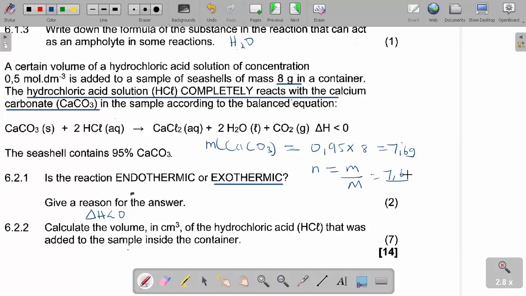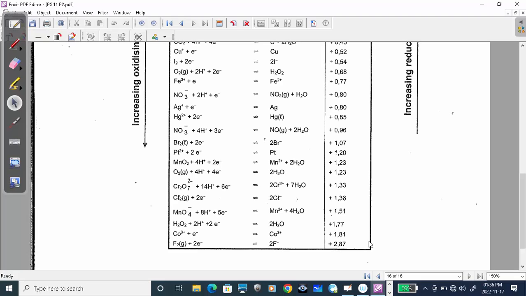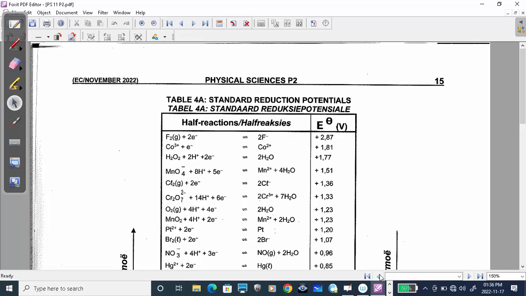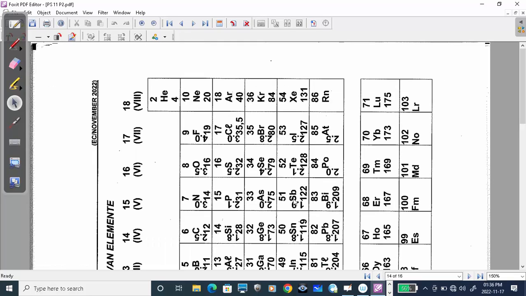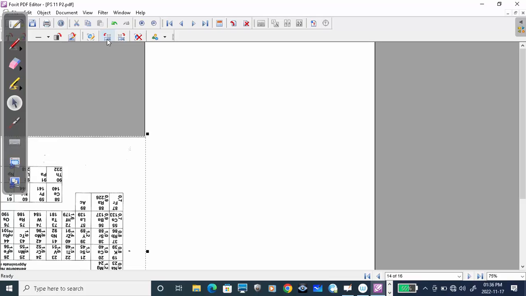What is the molar mass for calcium? We can check the periodic table here.